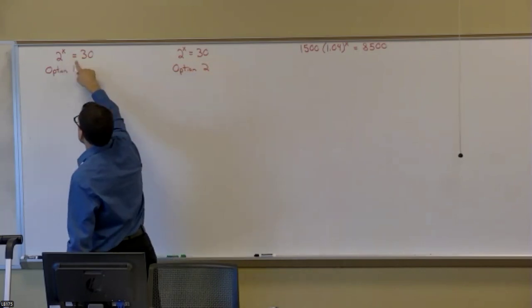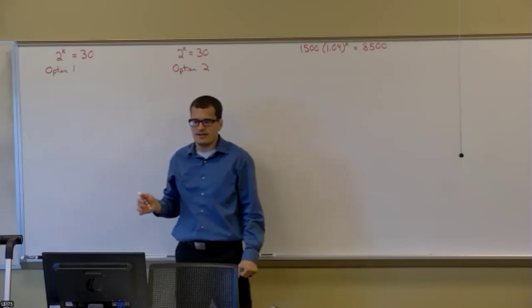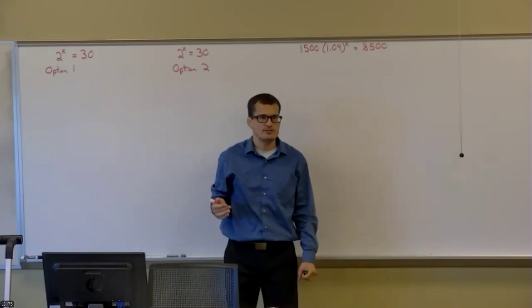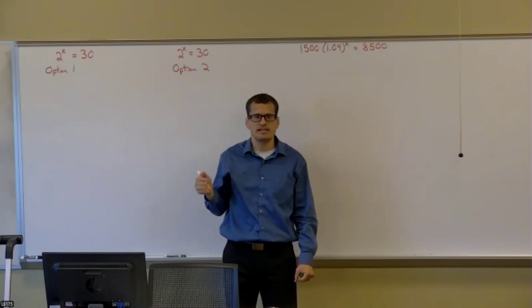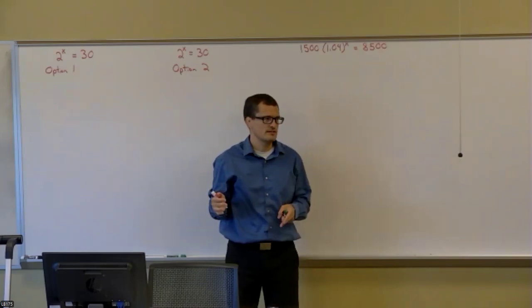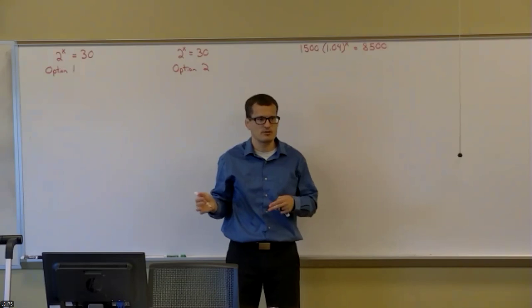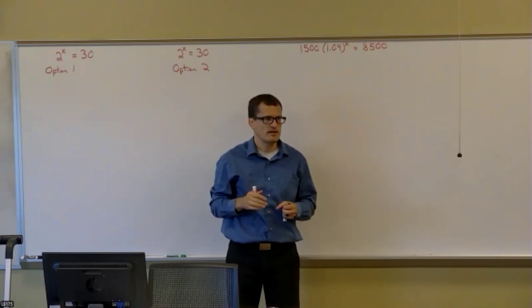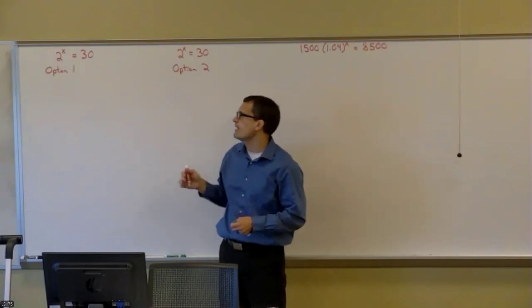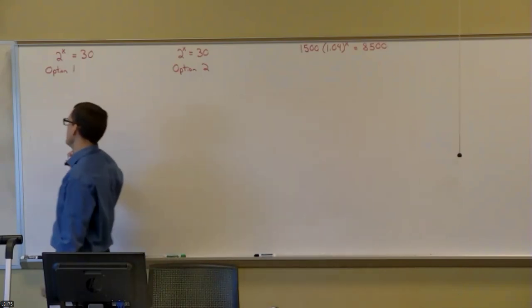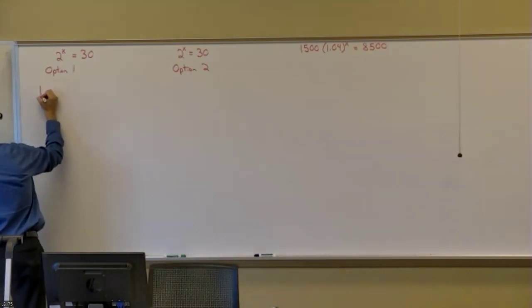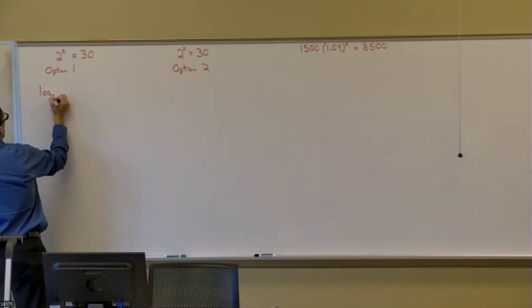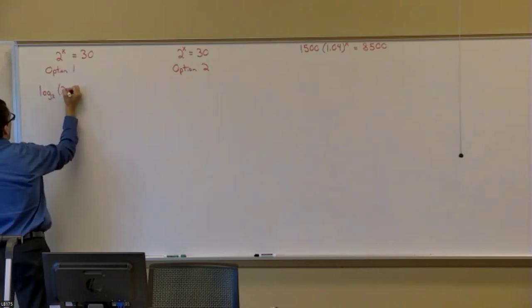So with 2 raised to the x power equal to 30, we already have our exponential part isolated, so I don't have to add, subtract, multiply, divide before I start. One option is to take log base 2 of both sides.